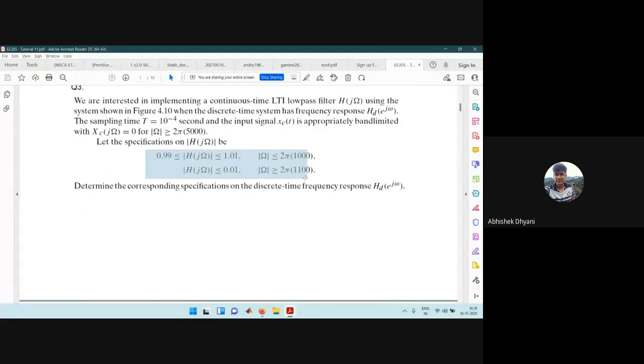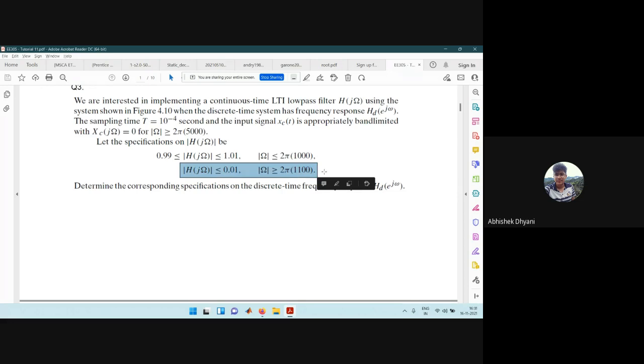So let's first go back and quickly look at these specifications. These are specifications for a low pass filter. What does that mean? It means that the magnitude is between 0.99 and 1.01 for all frequencies between minus 2π times 1000 and 2π times 1000. The second one is about the stop band.